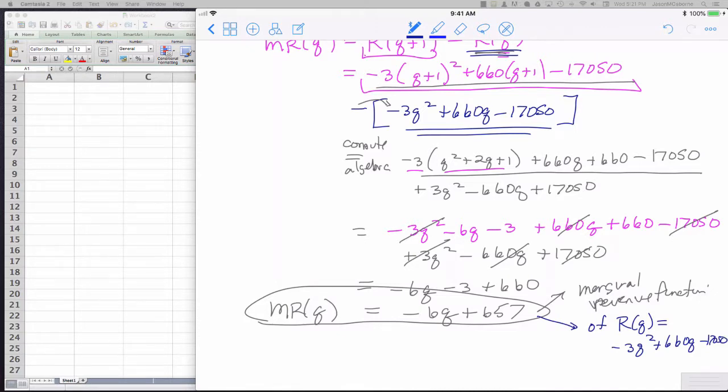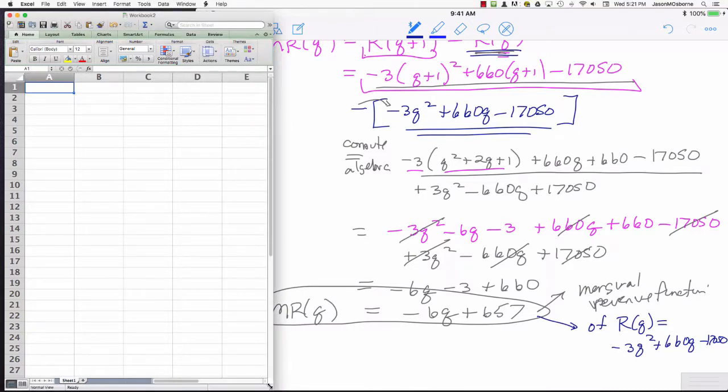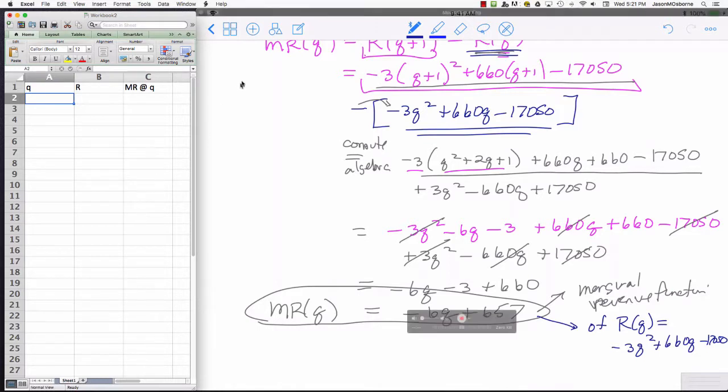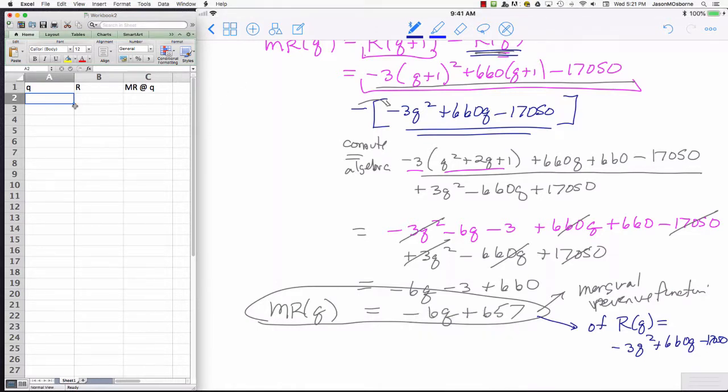Okay. Let's see how we can use this marginal revenue function, and if we bring in Excel at this point, we will create a Q column, we'll create a revenue column, and then we'll create a marginal revenue column at a production level of Q. Now there are two ways to do the marginal revenue. We can lay out values 1, 2, 3, 4, 5, let's say.